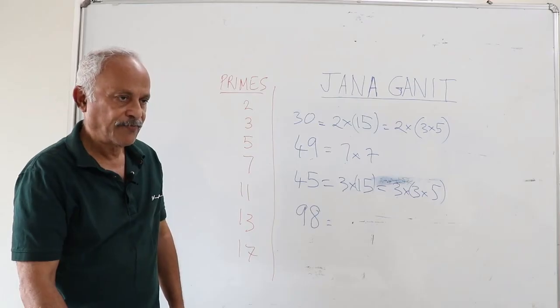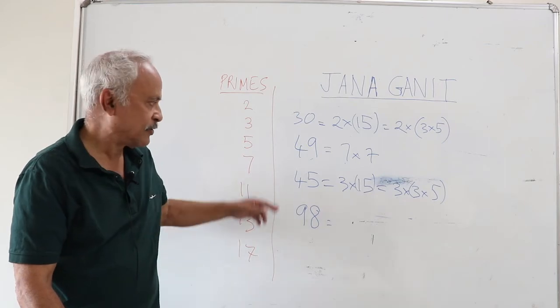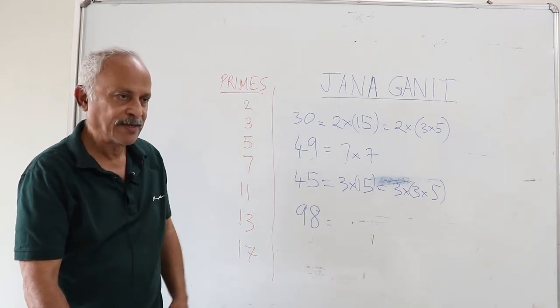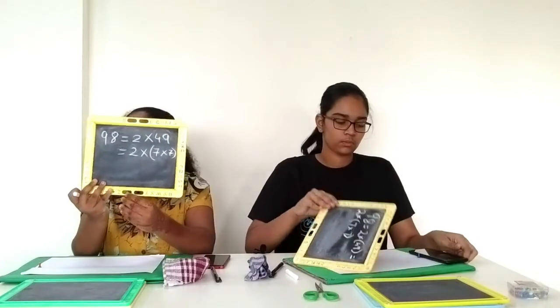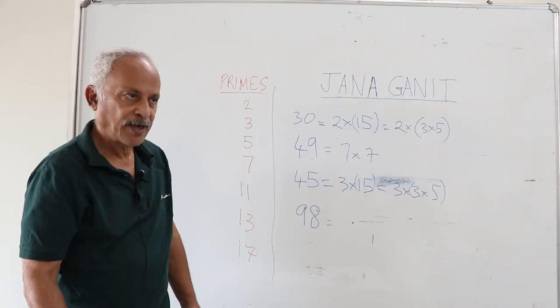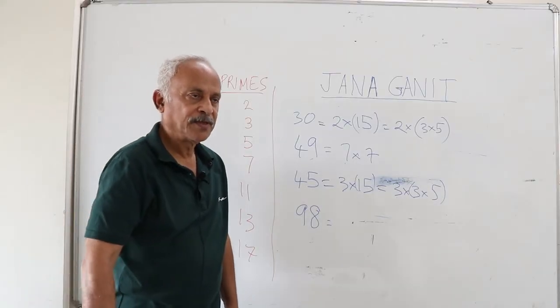So we got 98 is 2 into 49, but we know the factors of 49. So we write that as 2 into 7 into 7.